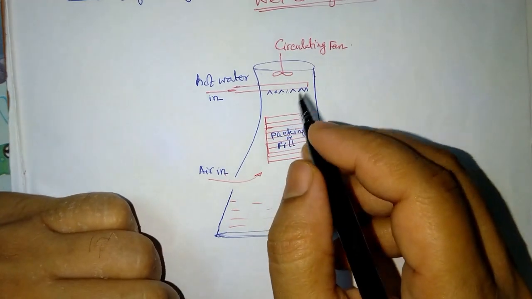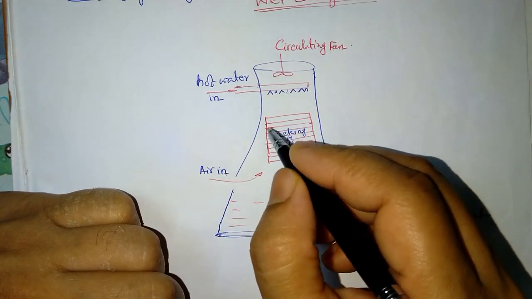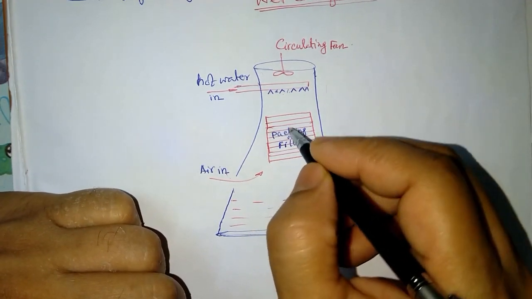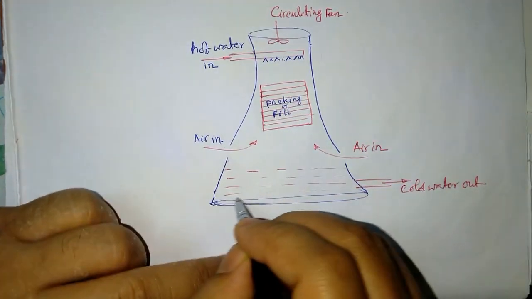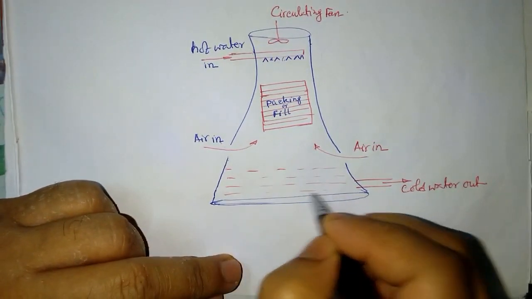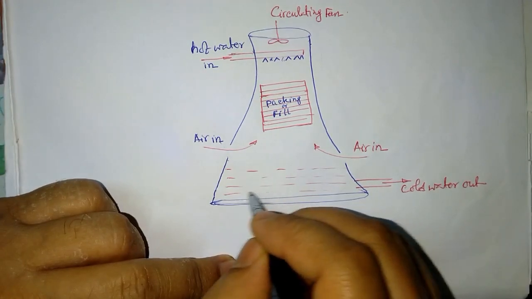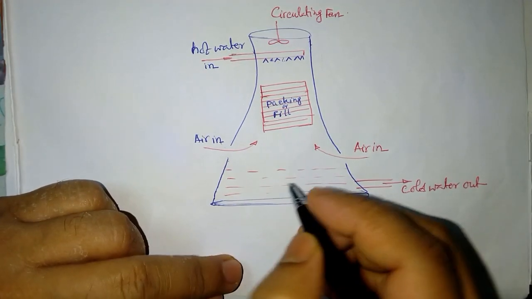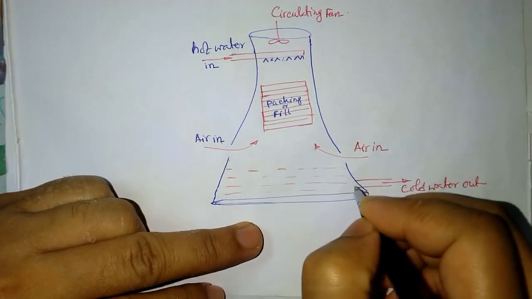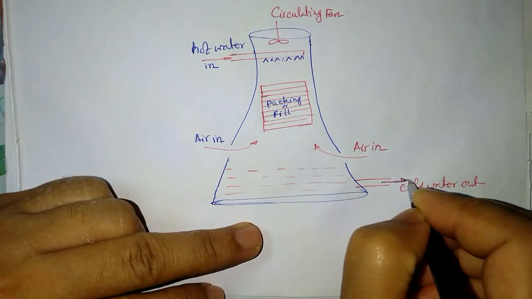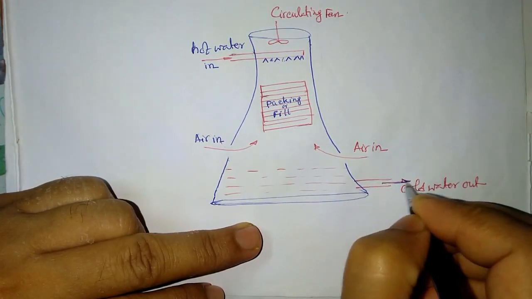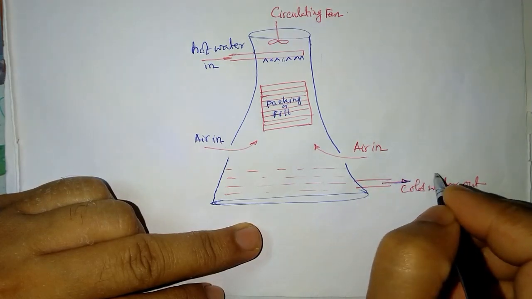After going from hot to cold, the water falls to the bottom of the cooling tower, and from there the cold water is again circulated to the condenser.